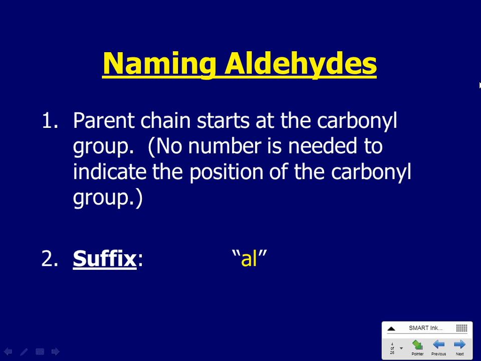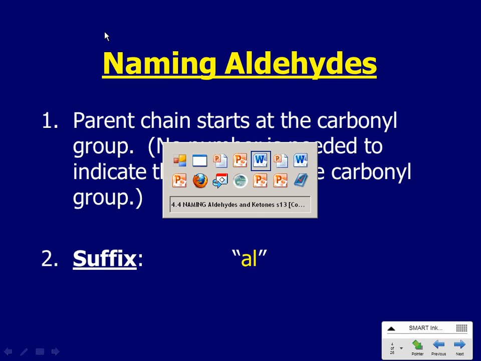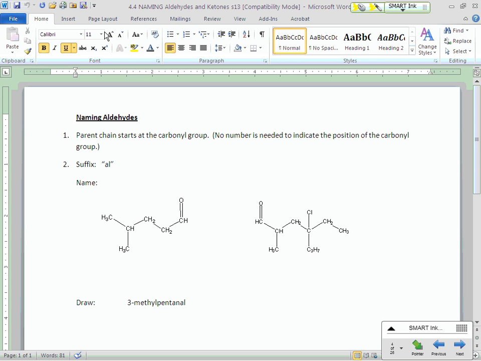Naming aldehydes, let's go to that sheet that I just gave you. Aldehydes are easy to name because they're related to alcohols, right? And that double bond C, that carbonyl group, is always going to be in the chain.